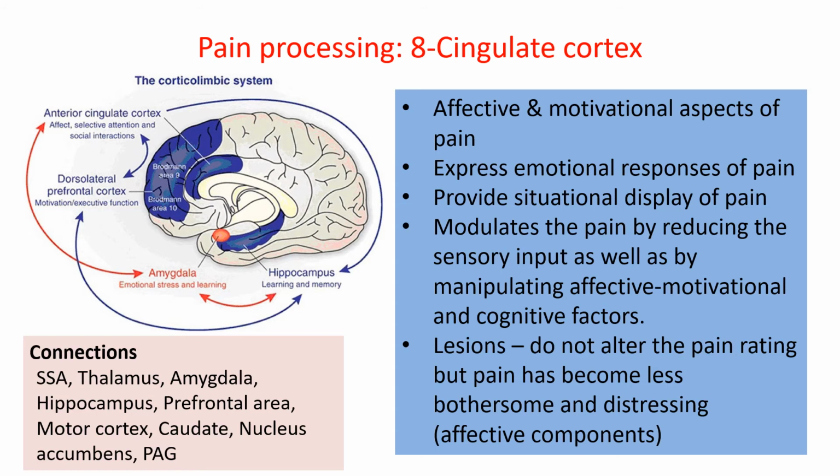Usually, lesions or destruction of the cingulate cortex do not alter the pain rating. Pain remains. But for the person, pain has become less bothersome and less distressing. These are the affective components.